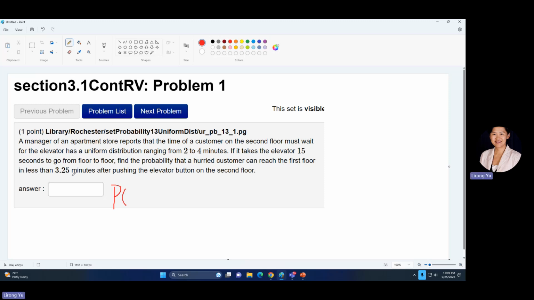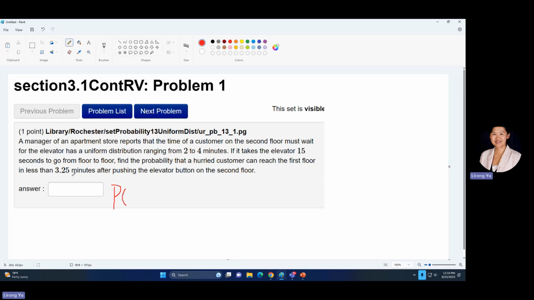So after this customer pushed the button, this person is waiting for the elevator. It takes 2 to 4 minutes to get the elevator. After the customer gets on the elevator, it takes the elevator 15 seconds to go from the second floor to the first floor. So that's 15 seconds more, right?